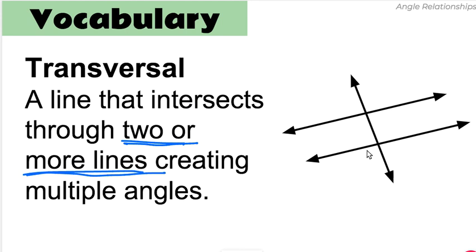You can always tell because it's the line that goes through two other lines. Each of these lines don't go through each other. They only go through once here. They can't be the transversal. It's got to be the line that goes through two or more others.